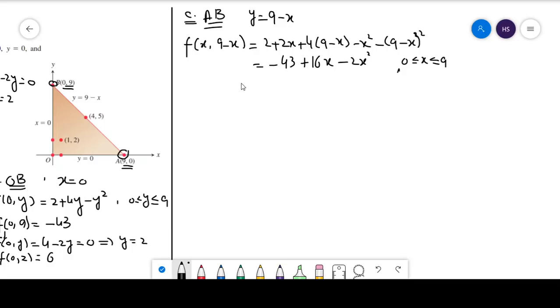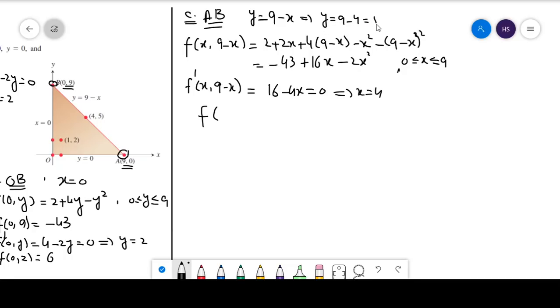Now we will again check its interior, right? So you need to calculate the derivative. That is 16 minus 4x. If you set it equal to 0, you will get x equal to 4, and that means we need to check, if x equal to 4, your y, 9 minus 4, becomes 5.